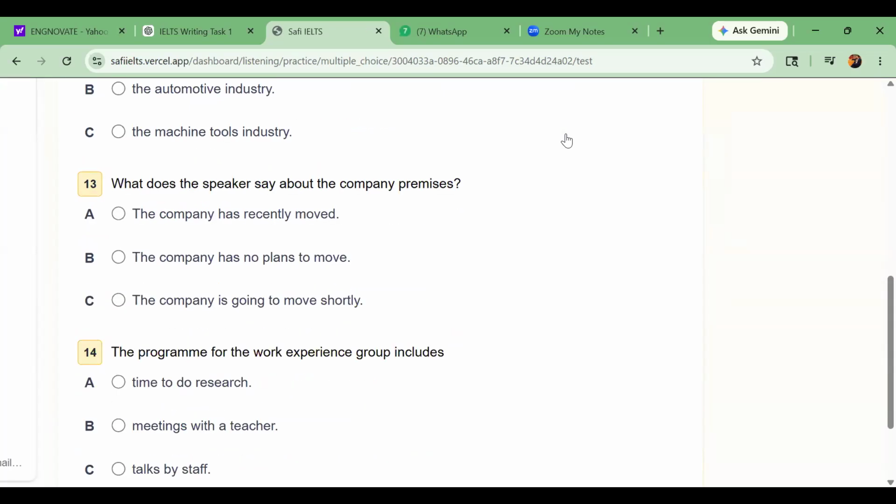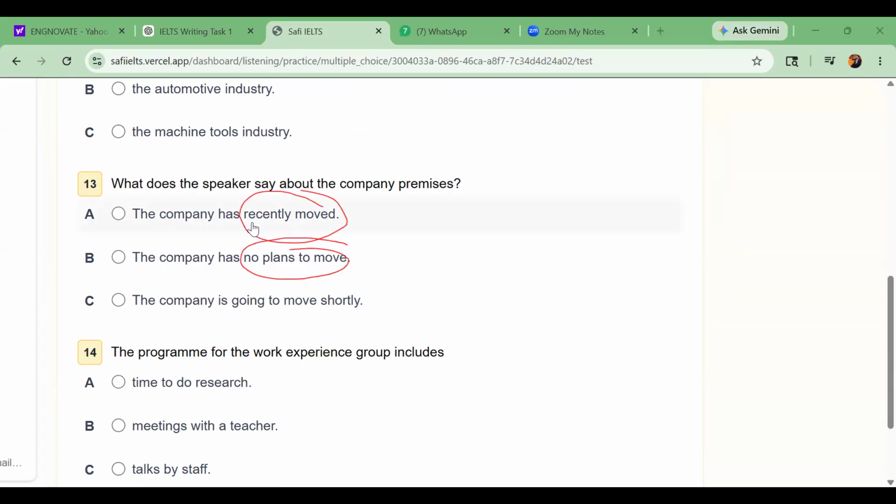Now, what does the speaker say about the company premises? The first option, the company has recently moved. Somewhere they have moved. Number 2, company has no plans to move. Look, most of the time students start reading the whole sentences. No, just focus on the keywords.